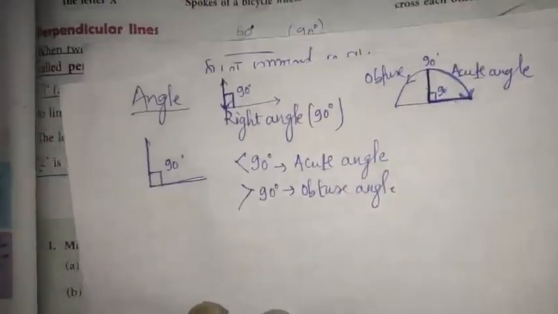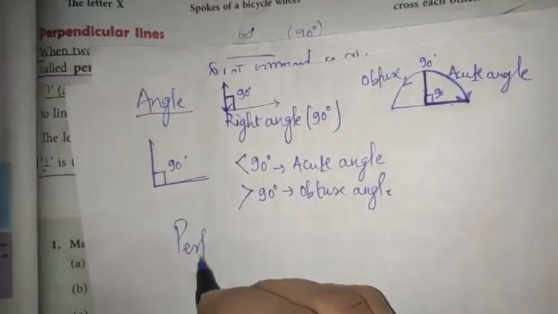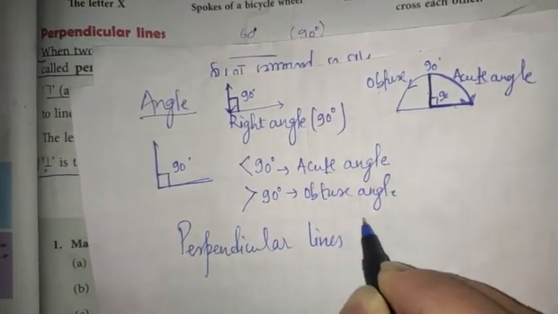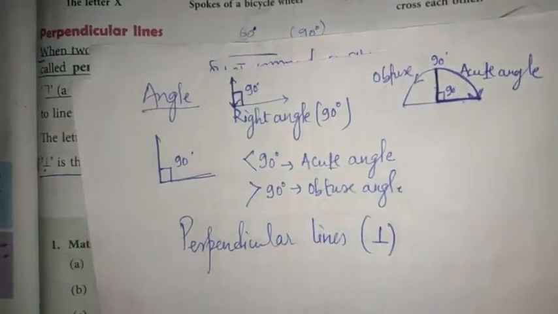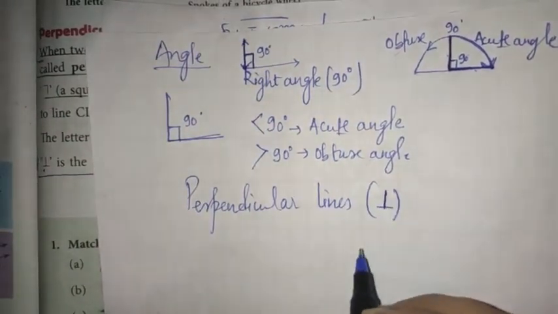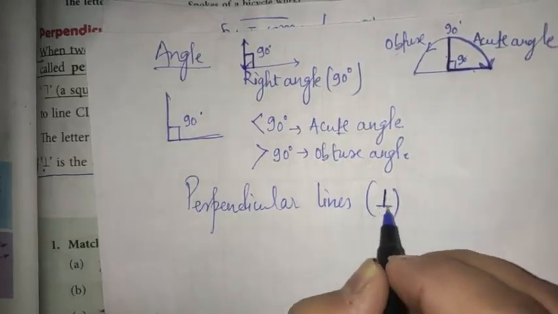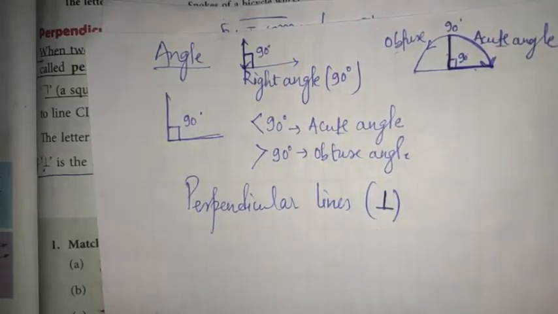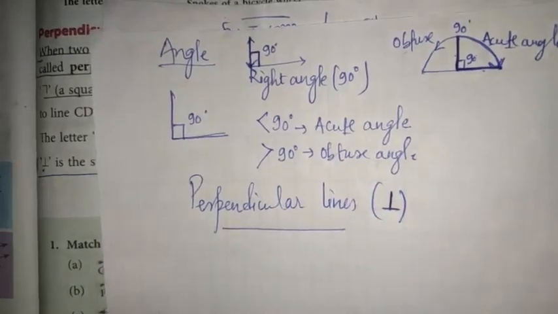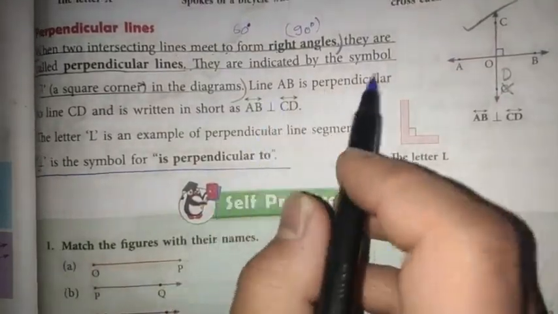Even this perpendicular line has a symbol. What is the symbol for perpendicular lines? The perpendicular line has a symbol of this. Just see, this is a straight vertical line and a straight horizontal line. When they come in contact, they will be considered perpendicular lines. Okay, so they are indicated by the symbol.